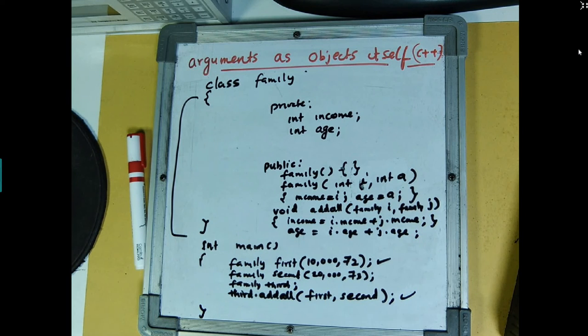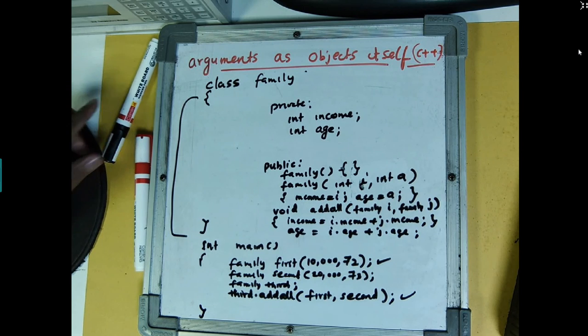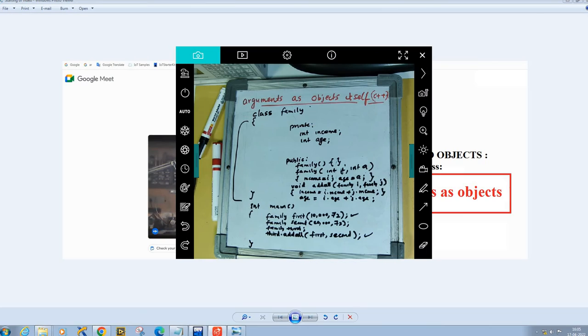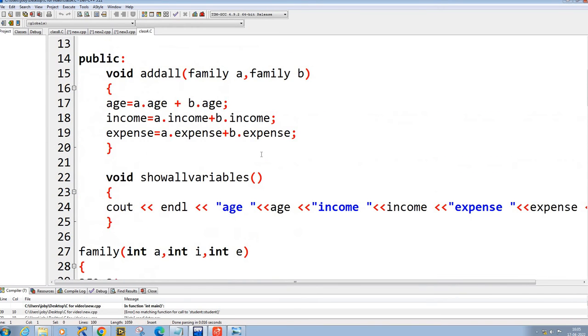Now this is how you can pass the objects themselves as the arguments. Let us practically see how this can be programmed in a C++ program.